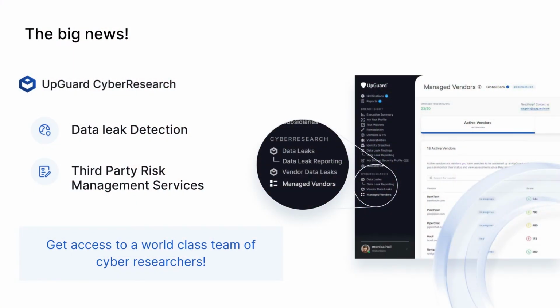We didn't really market these. Instead, we offered them when customers were interested, which gave us time to refine and mature them. They're now well and truly ready for a broader release. We've brought them together with a product called CyberResearch. It includes 2 main components: data leak detection and third-party risk management services. Let me talk you through them.